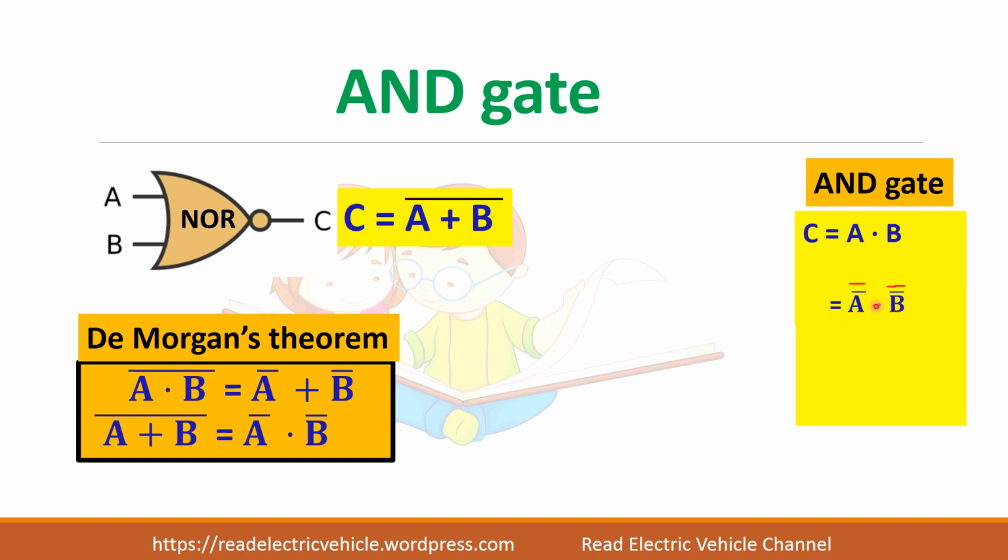Here a dot product is there, so this is the second law. Instead of A, A bar is there, instead of B, B bar is there. So this will be equal to (A bar plus B bar) the whole bar.